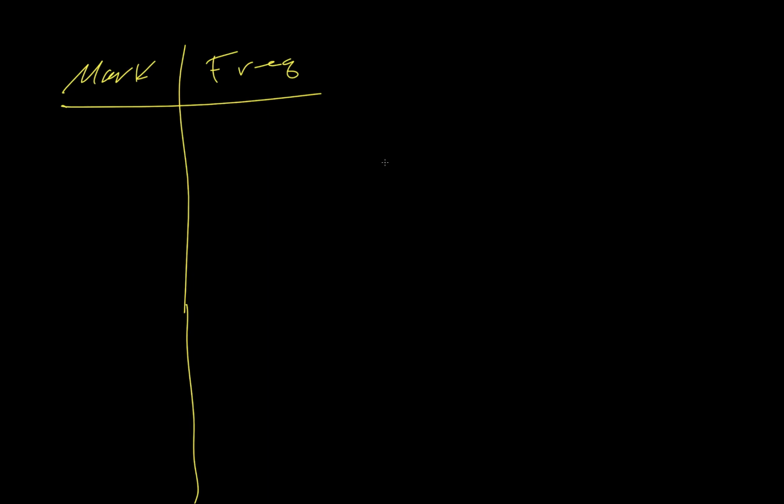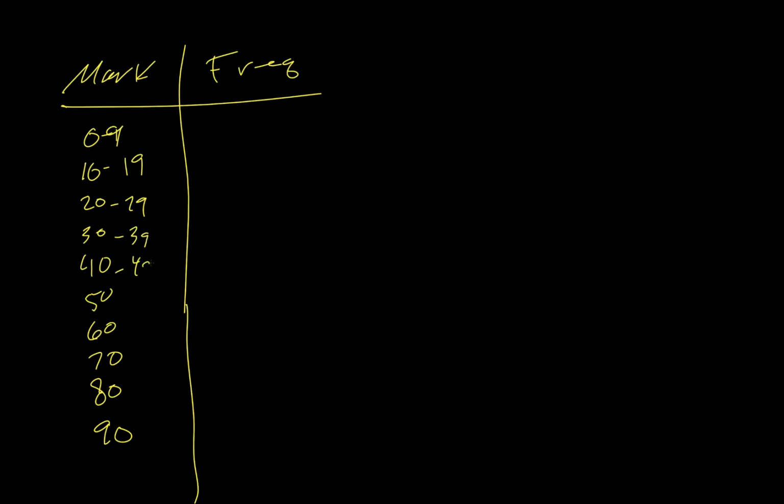Okay, so we have 0 to 9, 10 to 19, 20, 30, 40, 50, 60, 70, 80, 90, then 29, 39, 49, 59, 69, 79, 89, and then I think this one goes to, no, just 99.